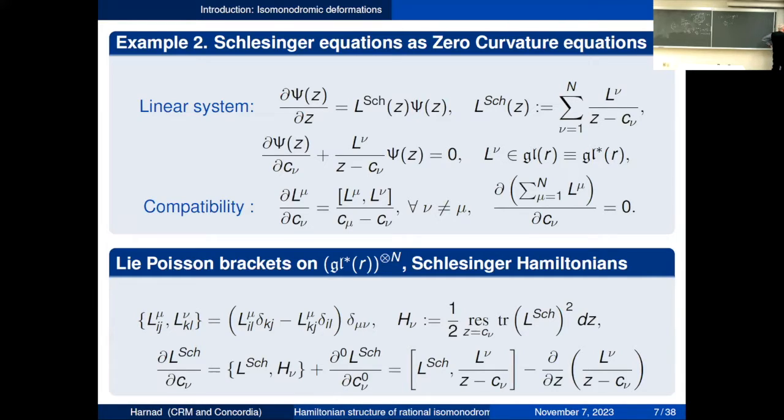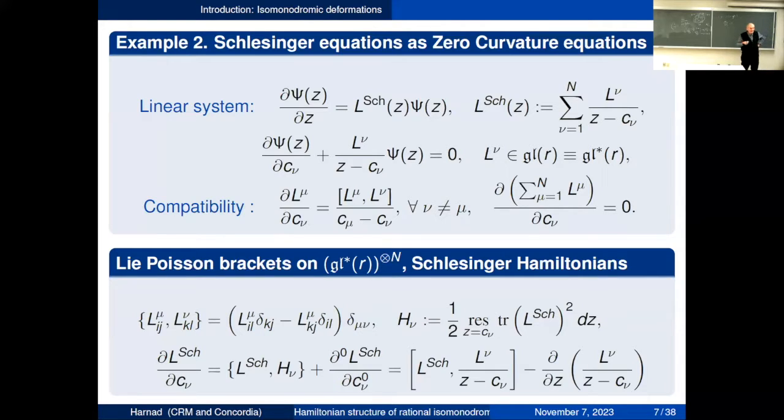And you introduce a very natural Poisson structure, which I hope most of you have encountered. It's called the Lie-Poisson structure. It's just dual to the Lie bracket structure on the algebra. Does everyone know what the Lie-Poisson structure is? It's the canonical thing. It goes back to Lie.